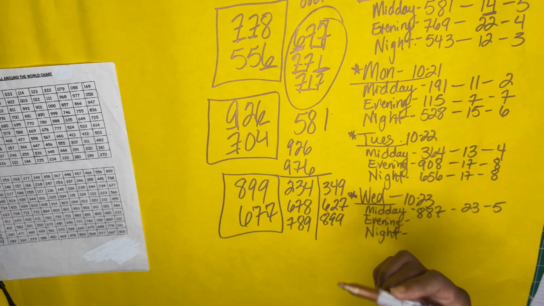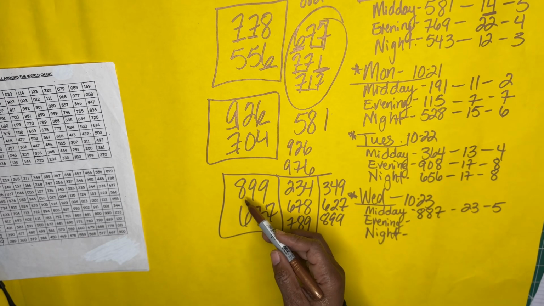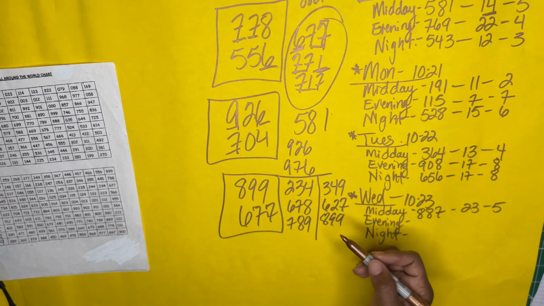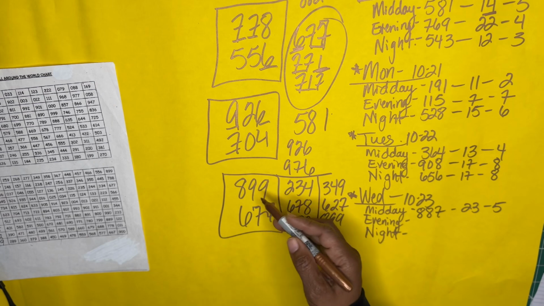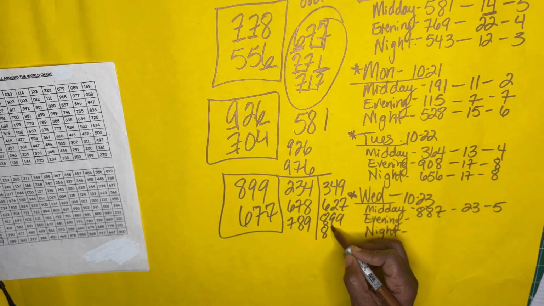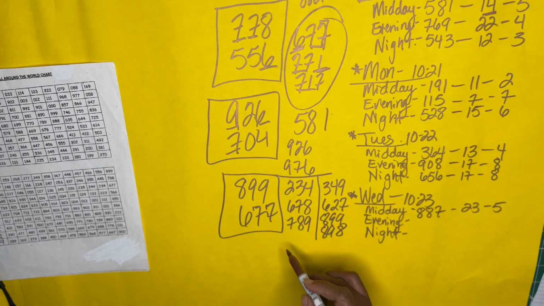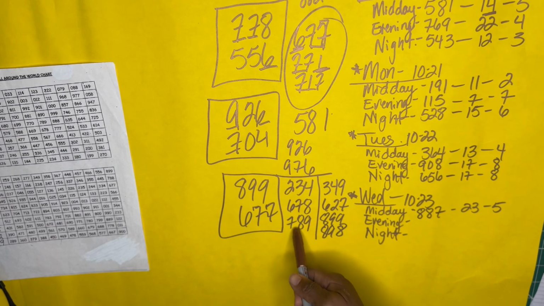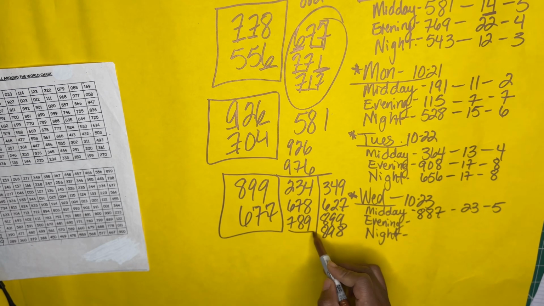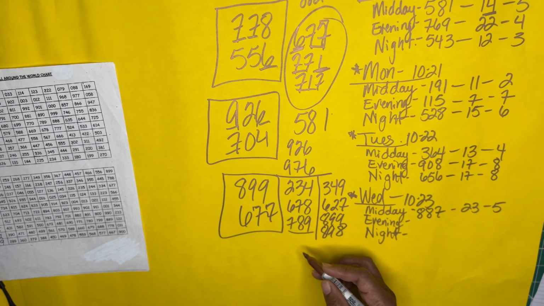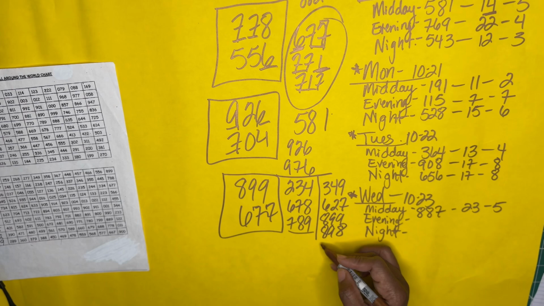And make sure you do 1 up, 1 down, meaning if this is 899, I would do 898. And again, that will be either 897, which is the 789. So that's a possibility. And the 677, you will want to do 1 off. There will be 676.